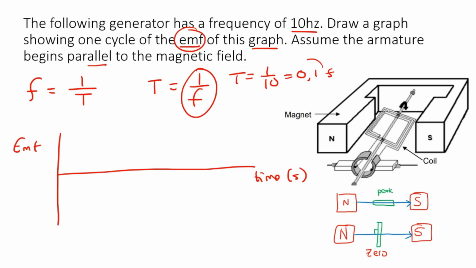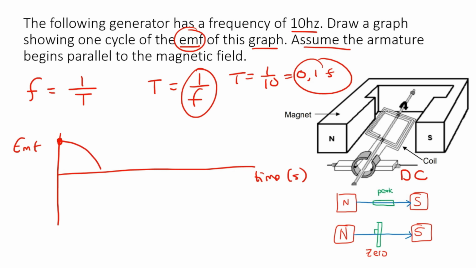Okay, now I'll show you where we'll use that. So we need to see, are we AC or DC? Well, if you look here, it's got a split. So this is a split ring, so that means DC. The next thing, are we starting at a peak or are we starting at a zero? It says, assume that the armature begins parallel. So when it begins parallel, that means we're starting at a peak. So let's go draw a DC graph.